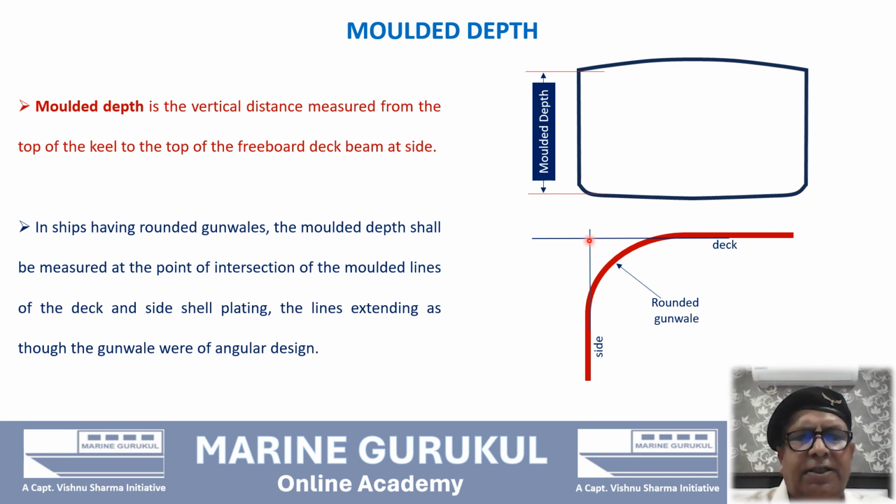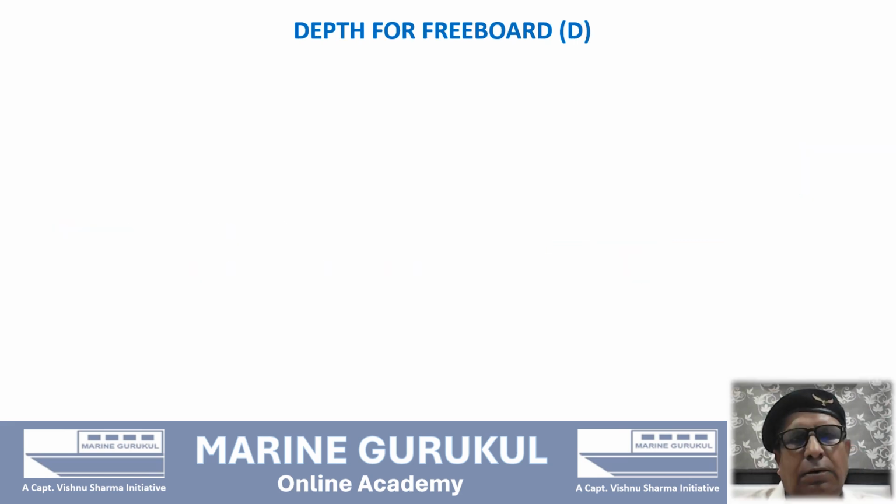Both of them intersect here. This is the point from where the molded depth shall be measured up to the top of the keel plating. So in this case, the molded depth shall be measured from this level and it will go up to the top of the keel plating.